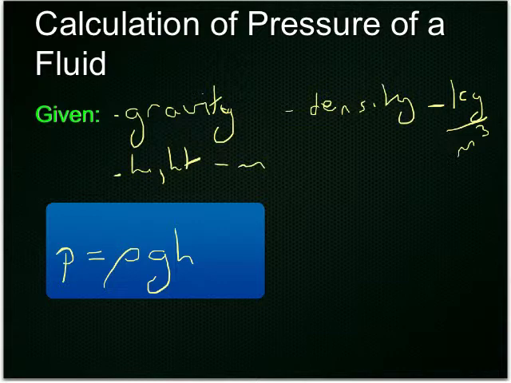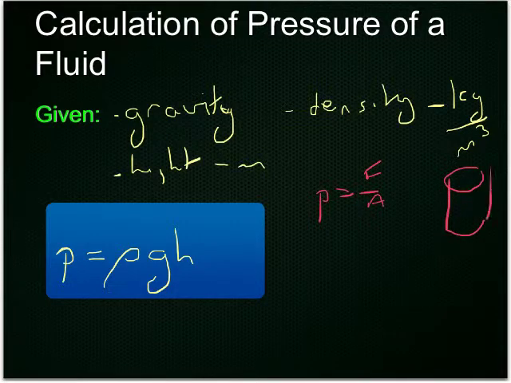You could derive it. You could say that, hey, pressure is force divided by area. If I have a cylinder of fluid, certain area, certain height, certain density, well, what's the force? It's the weight of it. Now, weight is equal to mass times gravity. So the mass of this thing is from density. Density equals mass divided by volume. So mass is equal to density times volume.